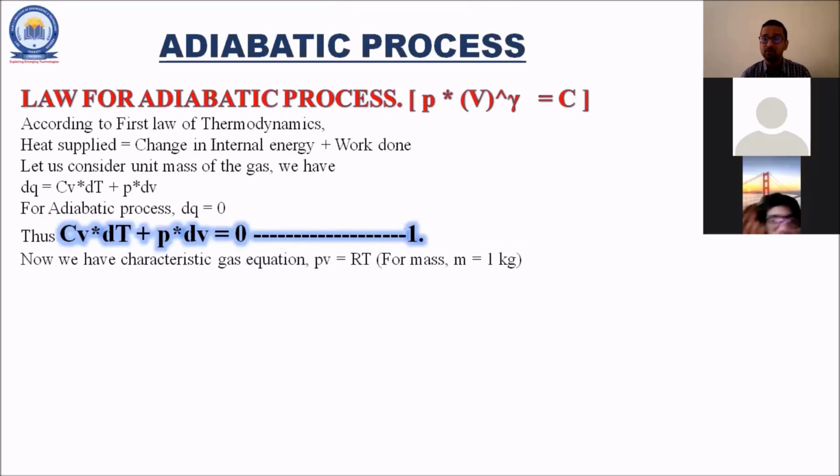Now dear friends, we have already studied that according to the characteristic gas equation, PV is equal to RT, because in the characteristic gas equation we are considering mass equal to 1 kg. Now friends, on differentiating this equation, we will be getting the answer.